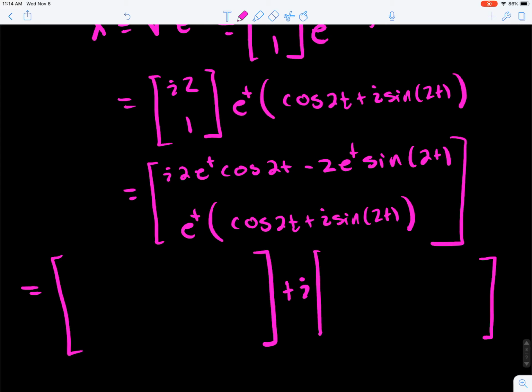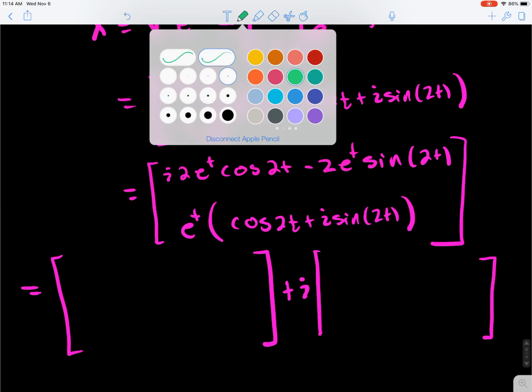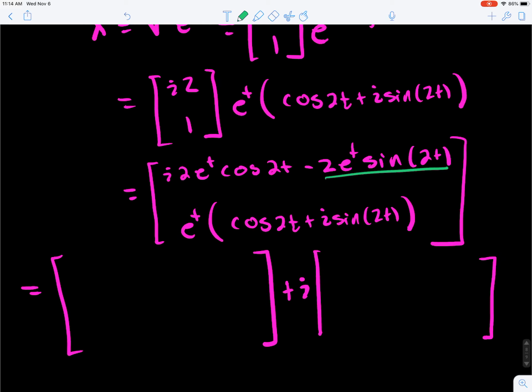So in the top entry, what we want is this: negative 2e to the t sine of 2t.